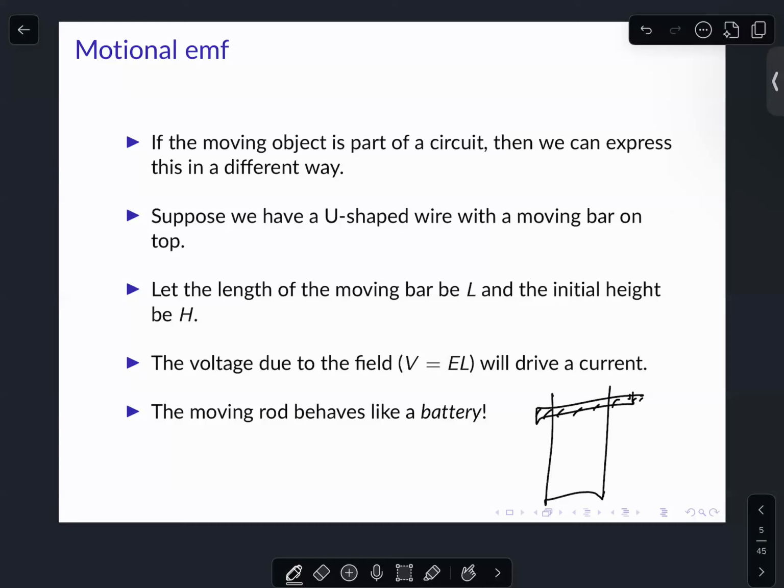Okay. So we've got a U-shaped wire, a bar which is allowed to move up and down. We're going to analyze this. The traditional letters to use are L for the length of the bar. And we're going to talk about the height of the bar.